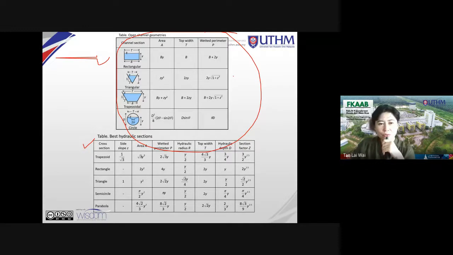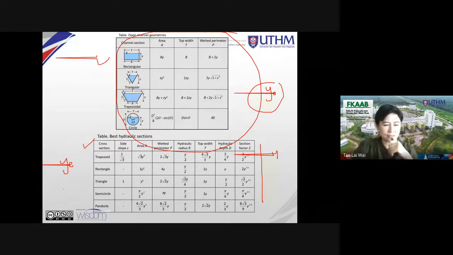So if we are using y here, I have introduced you y naught. This y naught is the depth for uniform flow. For this case, the effective section, we are using y subscript E. I hope you still get it.